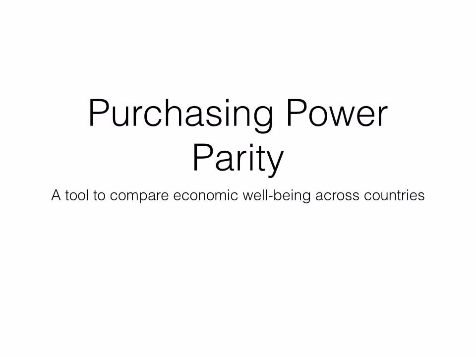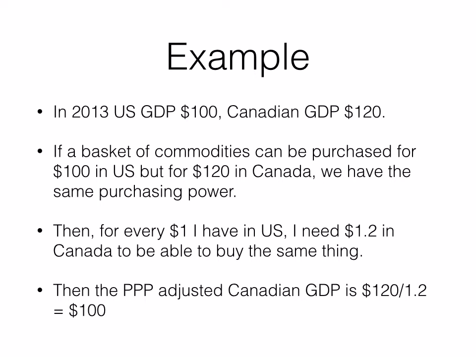So GDP deflator and CPI, consumer price index, does the job for one country over time; what PPP does is do it across countries. This is going to be hopefully clear with an example.